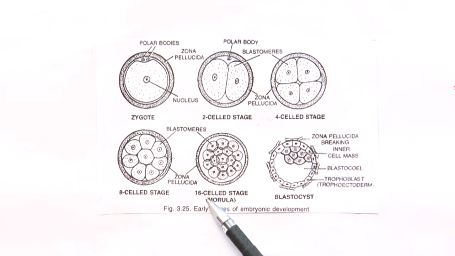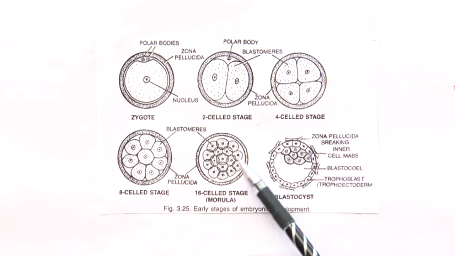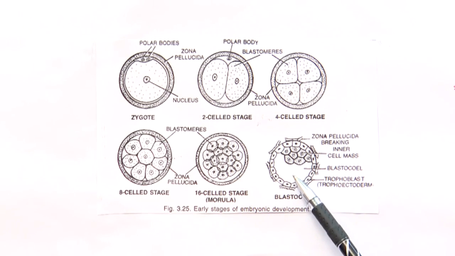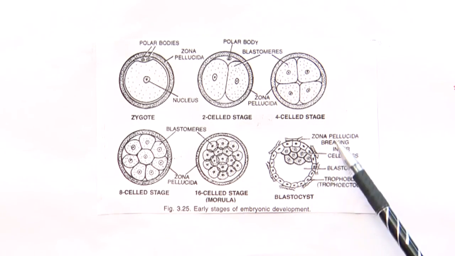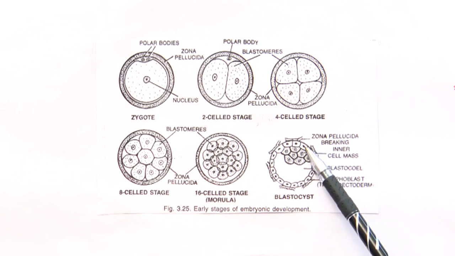And next is the 16-cell stage. Here it gets the appearance of a solid structure, so it is called a morula. And then it is gradually converted into a blastocyst. So in the blastocyst, you can see the zona pellucida is breaking.